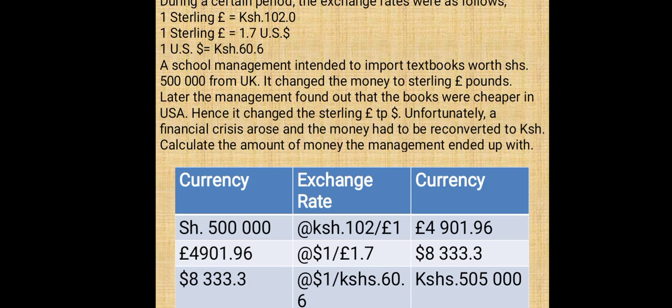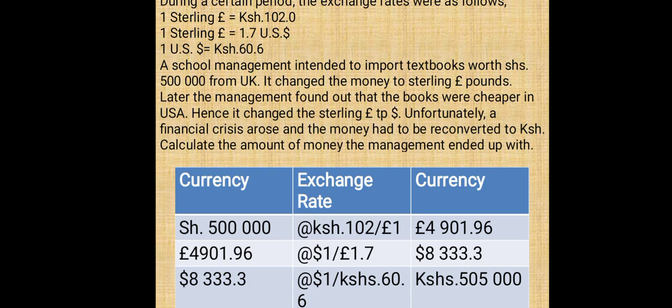Now, initially, when they converted the 500,000 Kenyan shillings to sterling pounds, they got 401.96 sterling pounds. Now they are holding sterling pounds.